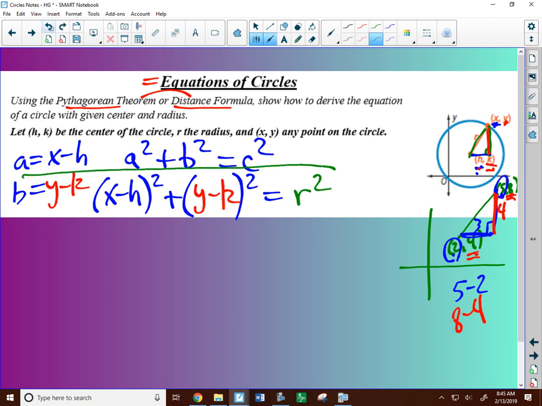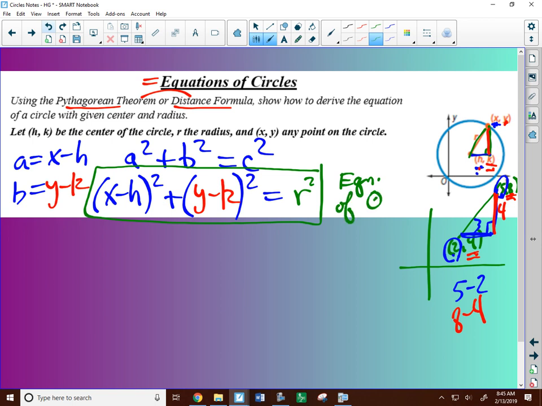That is the equation of a circle. This is the standard form of the equation of a circle. Just like a parabola, remember that was like (x minus h) squared plus k, something to this effect.